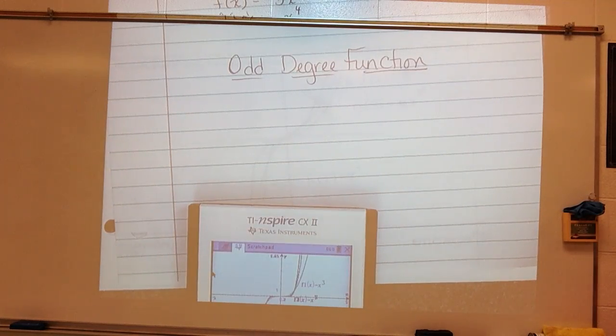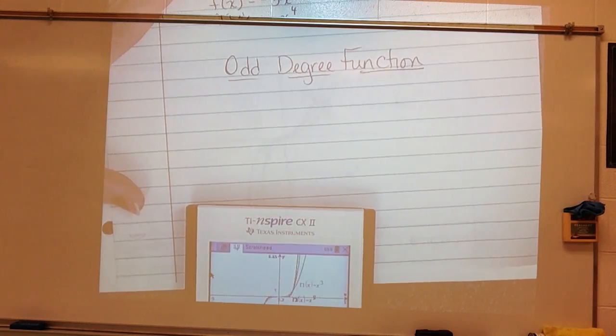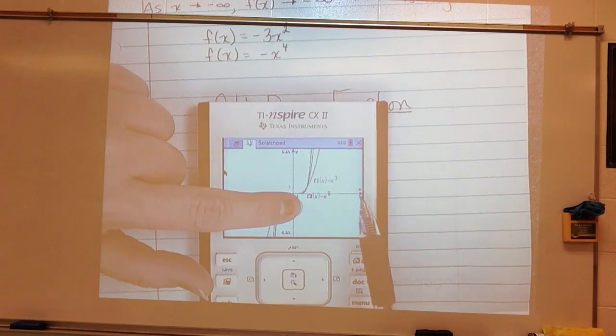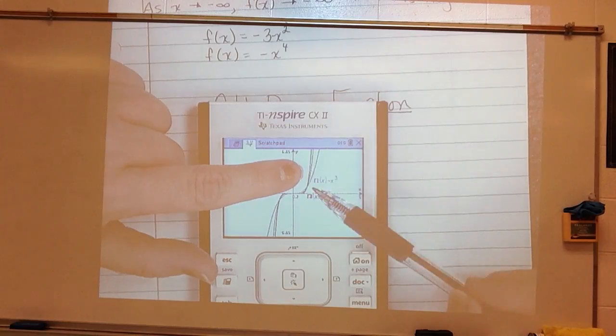Once again, x to the third, x to the fifth. We're probably going to be looking at positive leading coefficients. In this case, all of ours had ones, so they were all positive leading coefficients. Let's look at what happens. As x approaches positive infinity, what's happening here?